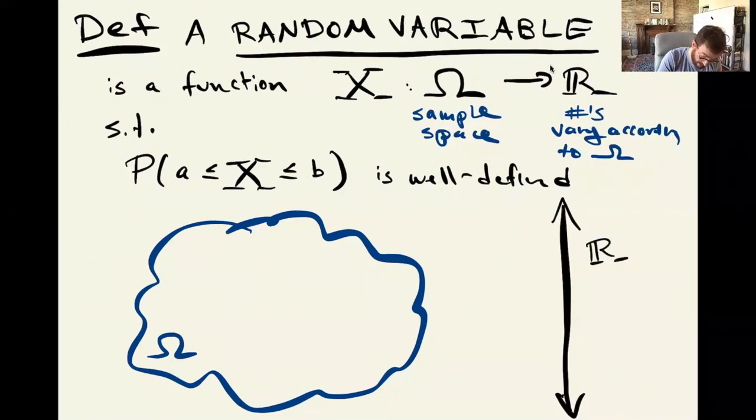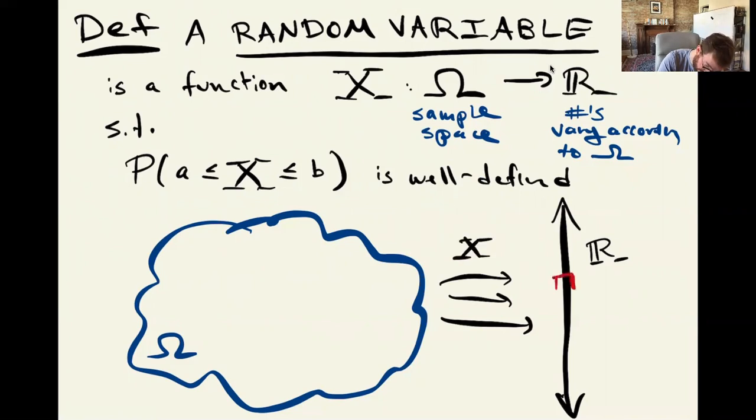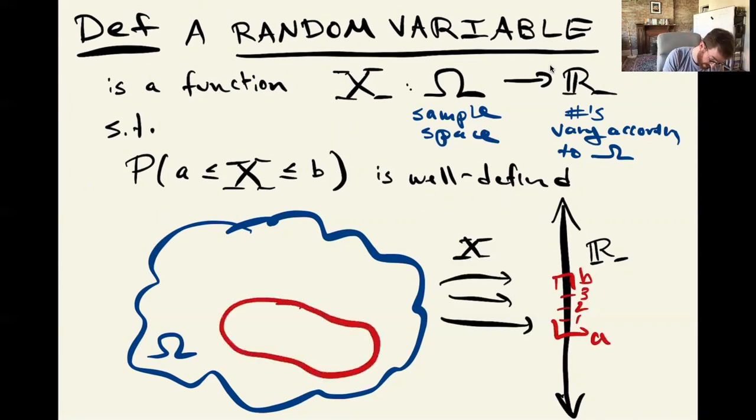And I'm looking at my experiment or process that produces numbers that vary inside of R. So this is X. And moreover, when I look at an interval like this, A less than B, and maybe that interval includes some numbers like 1, 2, 3, and so on, when I pull back and ask what set of outcomes landed inside of this interval, we get the following subset here.